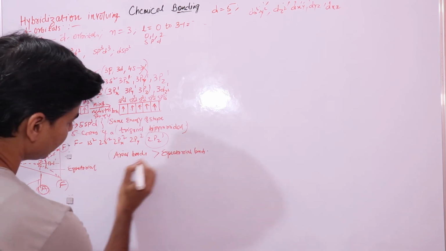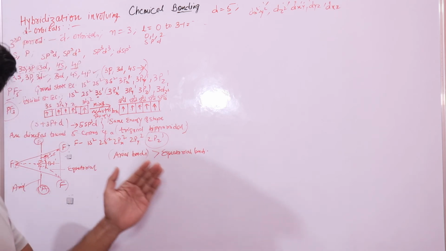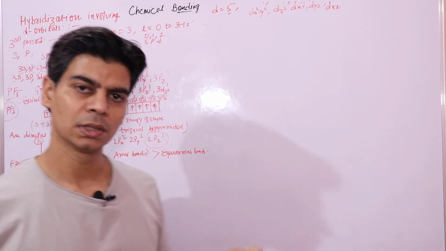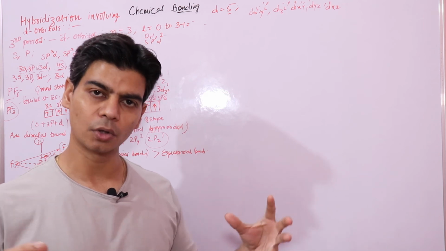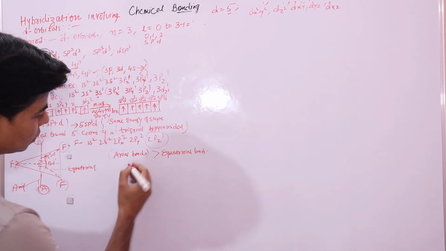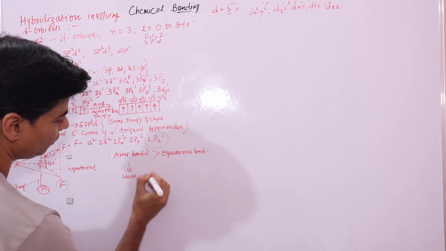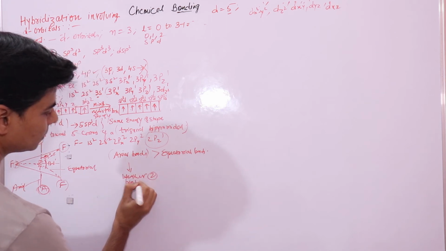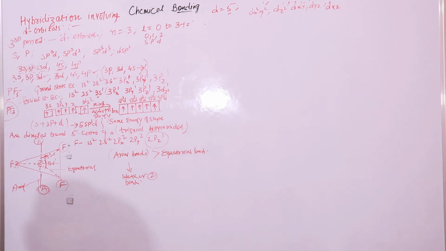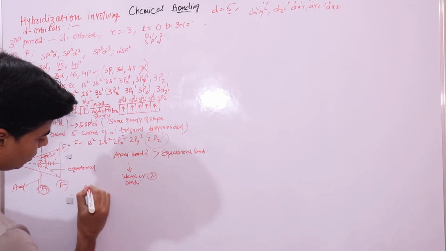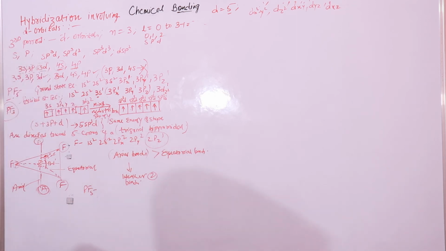Right? So since axial bonds are longer, they are bigger than equatorial bonds, and we know that longer bonds are weaker bonds, right? So these are your weaker bonds. How many weaker bonds do we have? 2 bonds, right? So due to the presence of these 2 weaker bonds, the molecule of PF5 is reactive, right? Why?